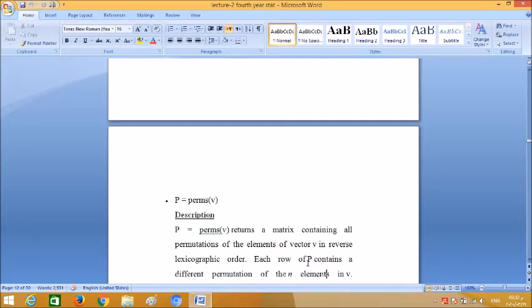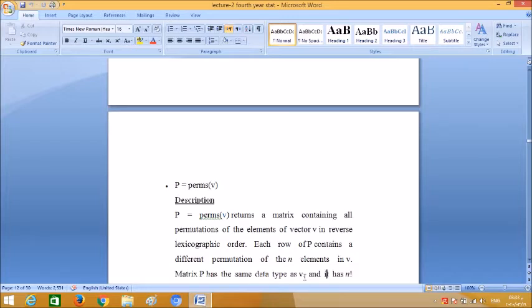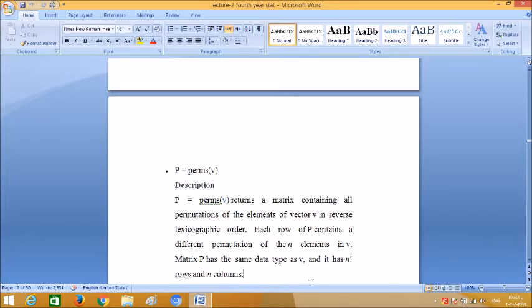Each row of B contains a different permutation of the n elements in V. Matrix B has the same data type as V, and it has n factorial rows and n columns.